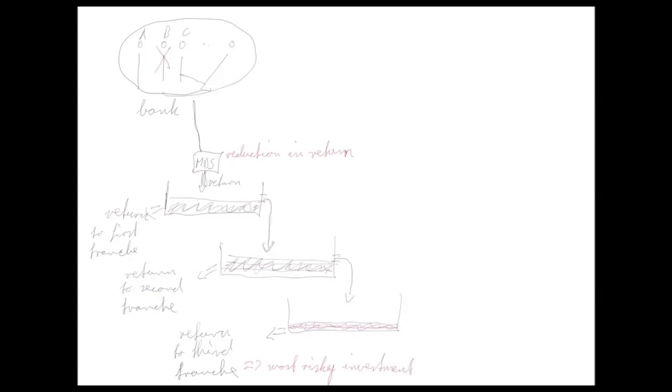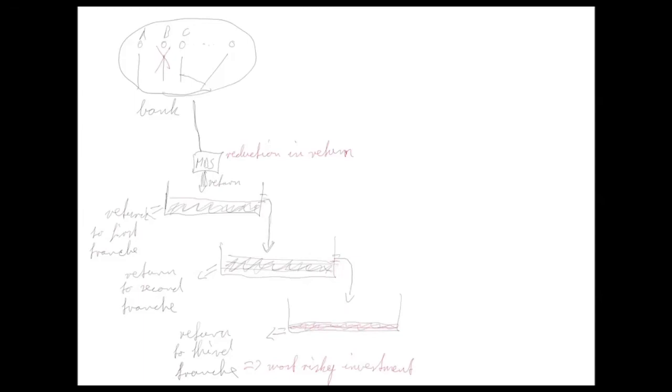As soon as you have some losses from the mortgages, this translates into some reduction in returns from the mortgage-backed securities. But again, the safest tranche will first receive all the payments, then the second tranche receives its payments, and the first ones which lose out are this third tranche.